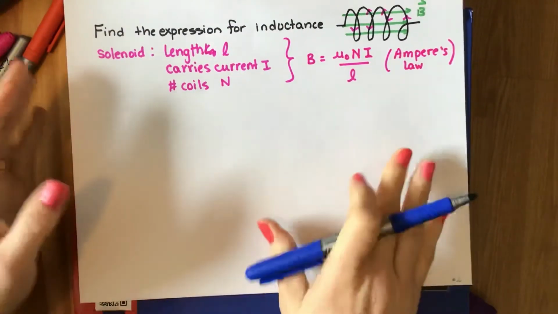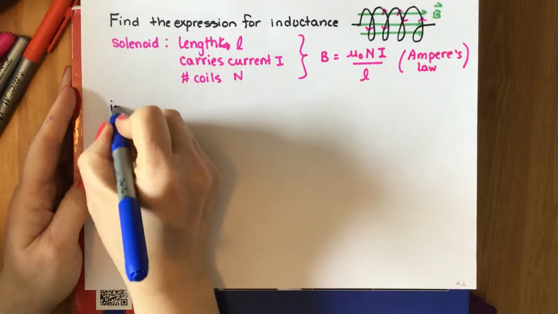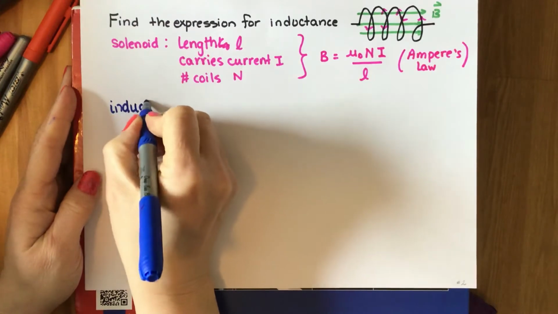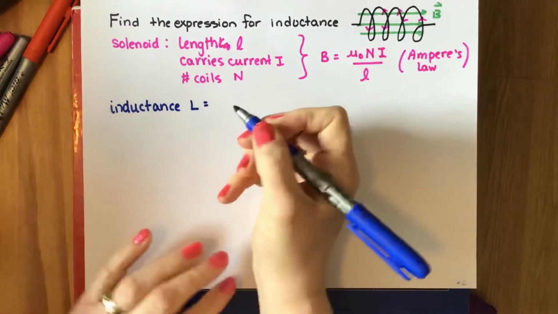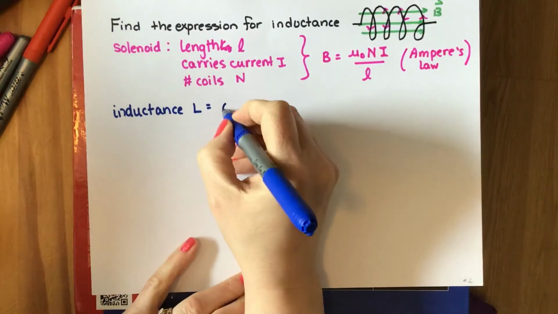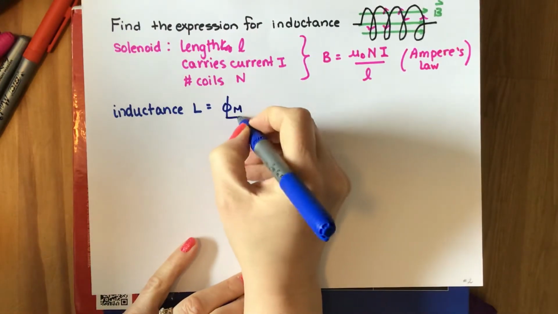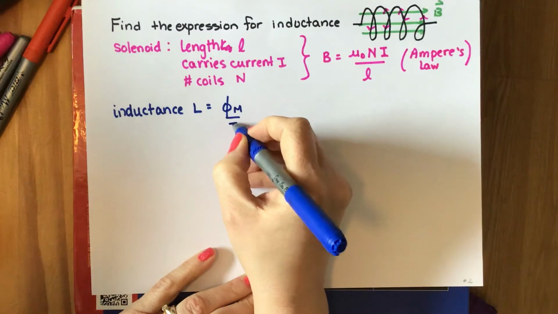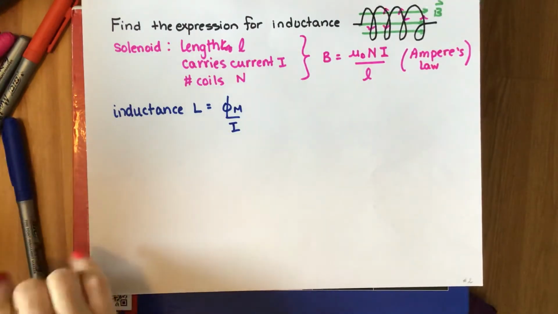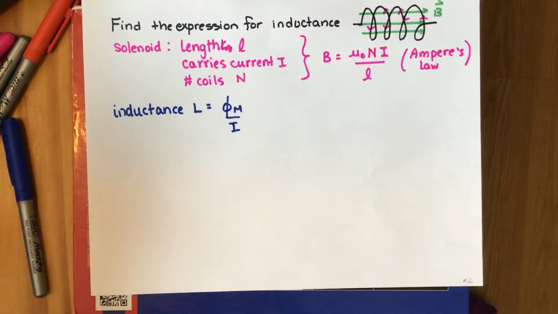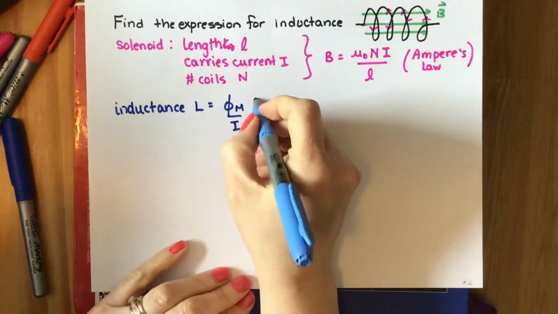Let's write down our definition of inductance. Inductance has a symbol L, and it's equal to the net magnetic flux through the solenoid divided by the current through the solenoid. So phi m, let's make sure we understand what that is: the total magnetic flux through the solenoid.